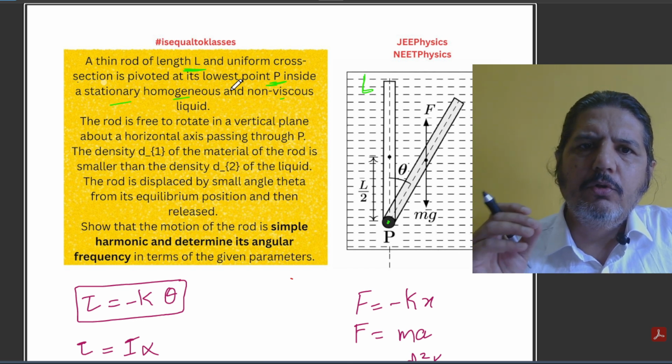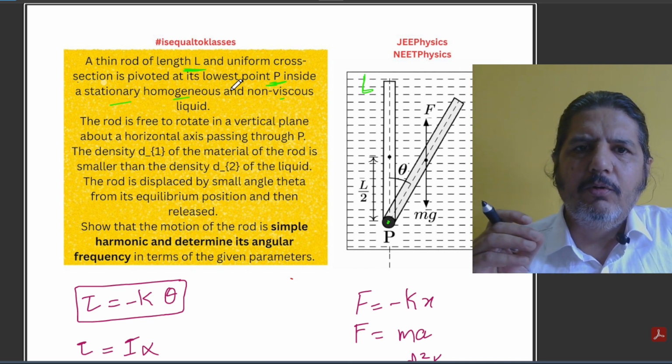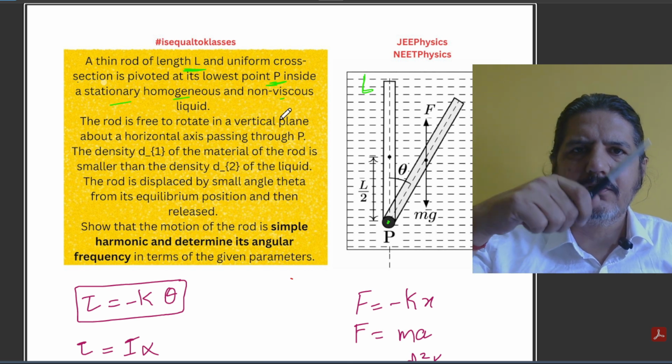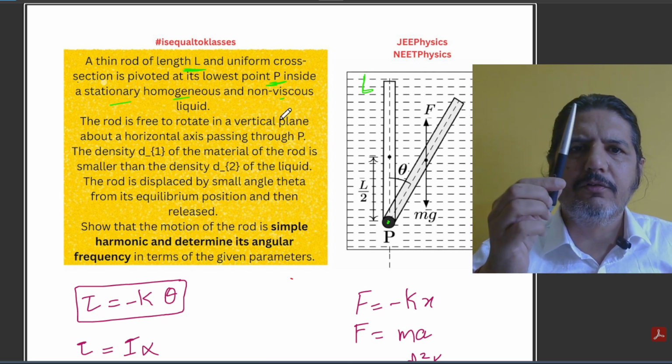The rod is free to rotate in a vertical plane about a horizontal axis passing through P. So let's try to understand this. This rod is free to rotate in a vertical plane, about a horizontal axis.